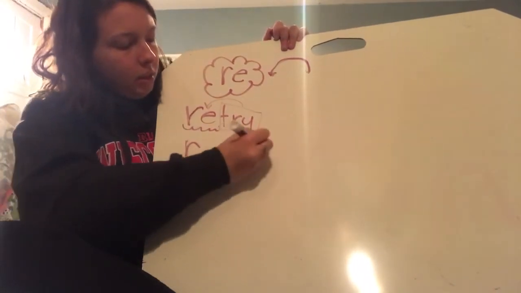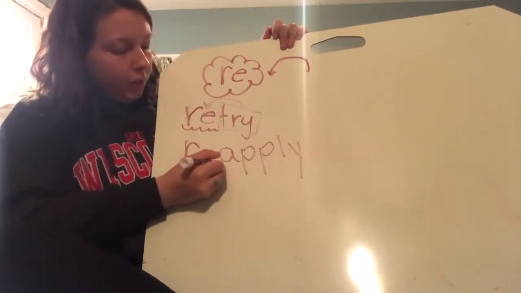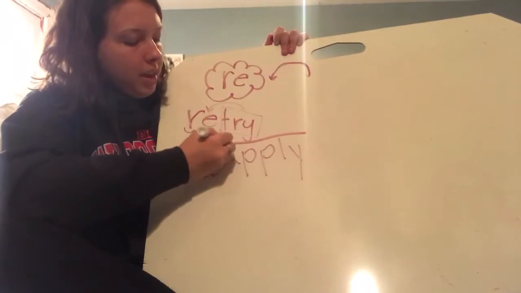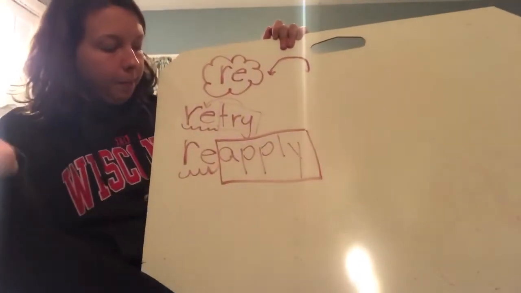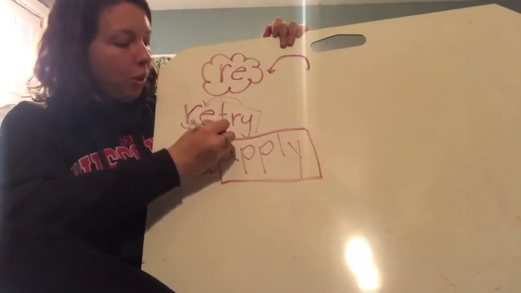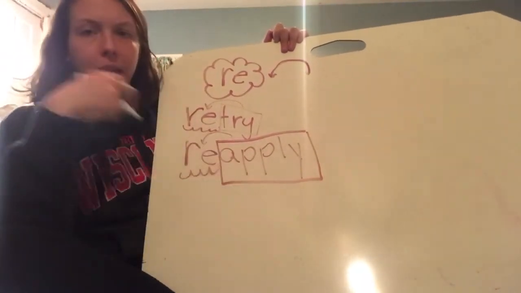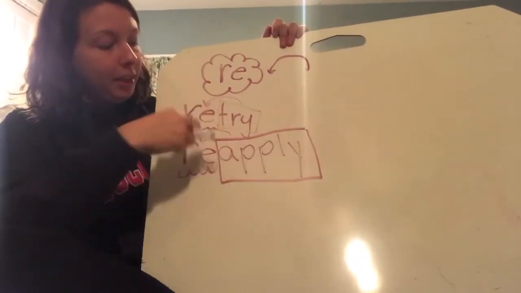What about this word? This word is reapply. So here's our prefix re, and here's our base word here, apply. Well, we know re means to do it again. So reapply, what are we doing? Good, we're applying something again.